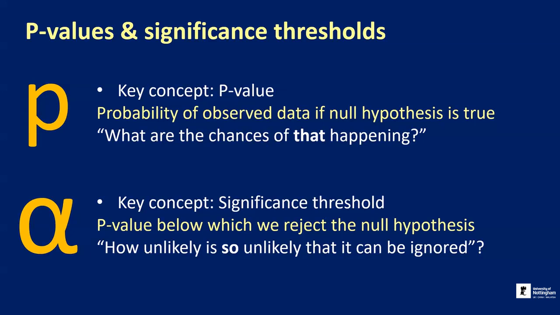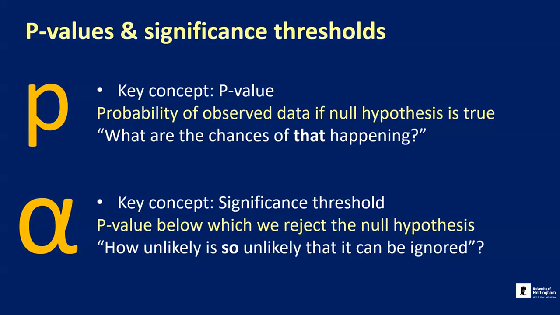Because what we're looking for is data that are so unlikely in a world in which the null hypothesis is true that the null hypothesis is probably false. So if you like, alpha is how unlikely is so unlikely that it can be ignored. And as I say, alpha is typically 0.05, but sometimes it's set at 0.01 or a 1% chance, and sometimes even a 1 in 1,000 chance, 0.001.